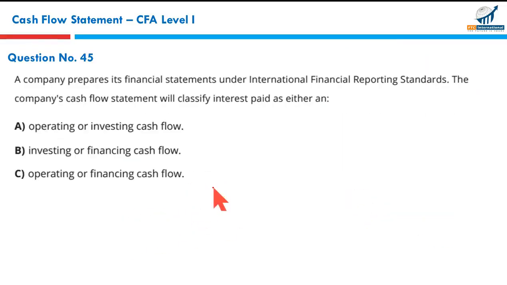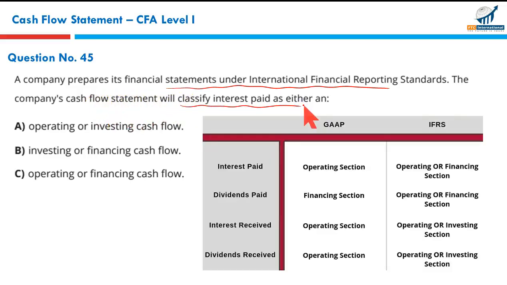B it is. A company prepares its financial statements under the International Financial Reporting Standards. The cash flow statement will classify interest paid as either. We have discussed in much more detail that under US GAAP, interest payment is considered a part of the operating section, whereas under IFRS, it might be considered an operating or a financing cash flow.